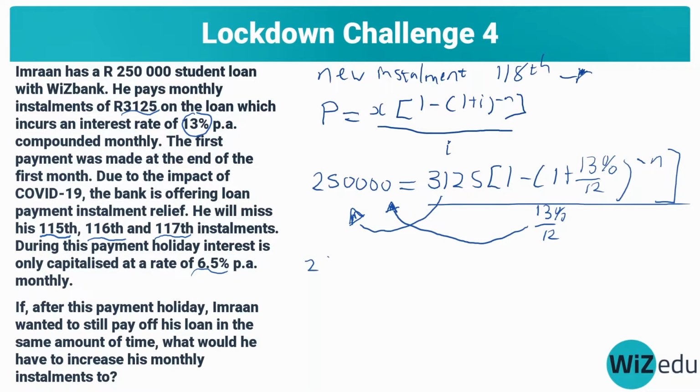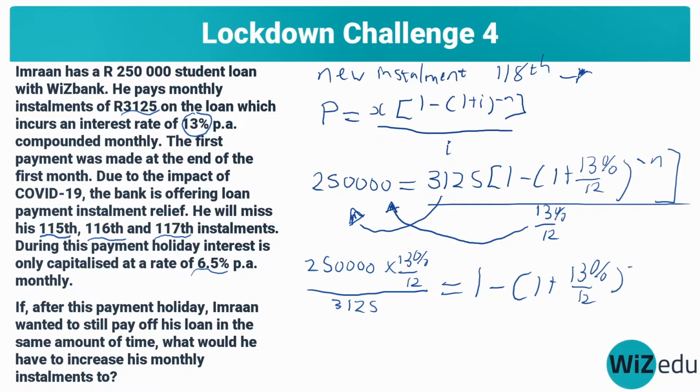So that's going to give us 250,000 times 13% over 12, all divided by 3125. That equals 1 minus 1 plus 13% over 12 to the negative n, right?